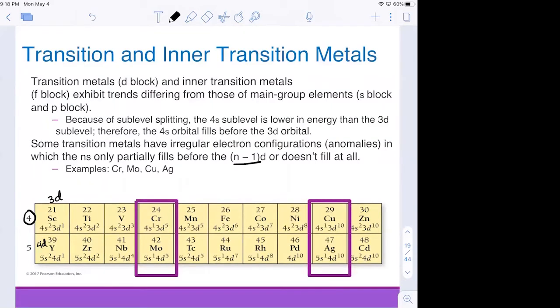So they're one less. That's one way of being able to avoid the memorization of the transition metals. Notice again, just highlighted here, chromium and copper's group with its weird, not predictable electron configuration. That's something you do need to know.